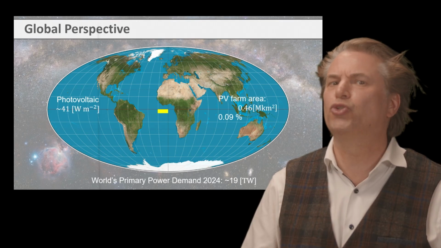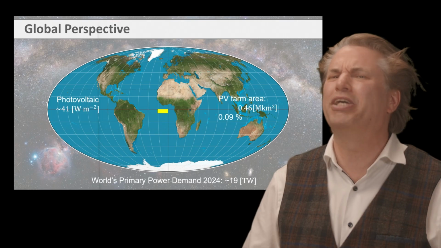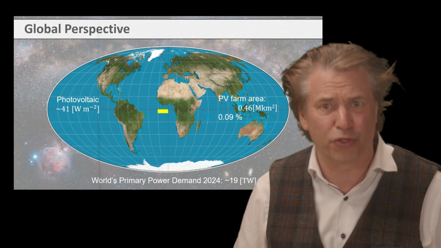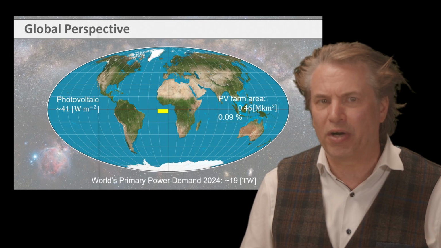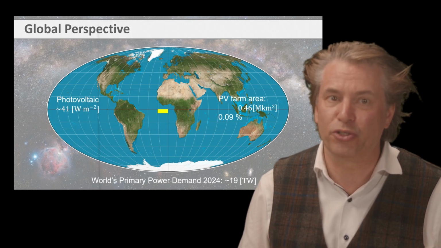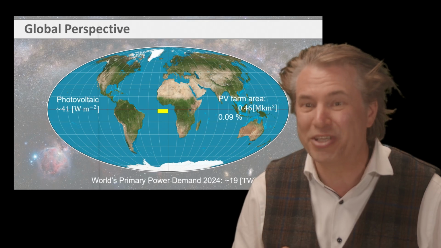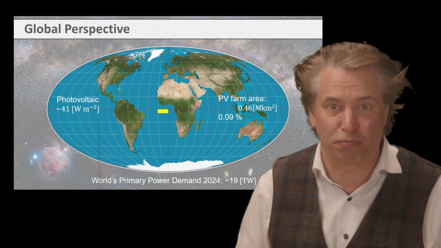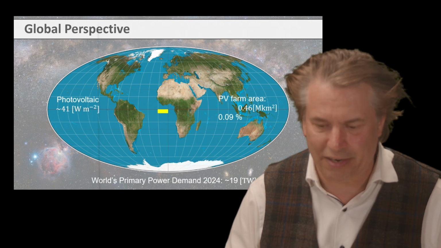If we consider the total area needed in the form of PV farms and assume a typical surface power value of 41 watts per square meter, we would need to cover around 0.46 million square kilometers with photovoltaics. This would be 0.09% of the total surface of planet Earth, or 0.3% of all the land area of planet Earth.